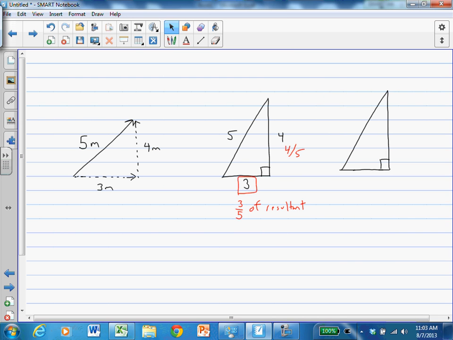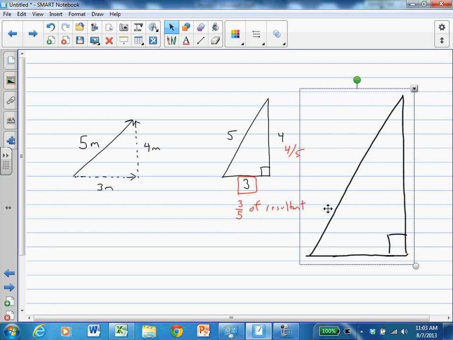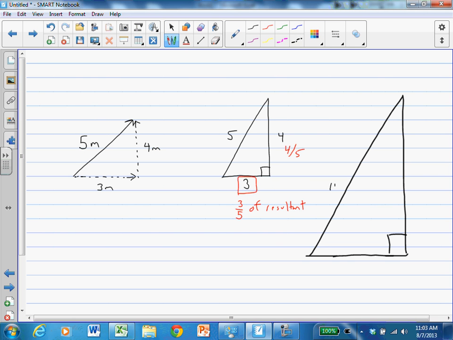There we go. So we could take this and make it much bigger, so that now this would be 10, this would be 6, and this one would be 8, but the ratio of 6/10 is still the same. 6/10 is the same as the 3/5, and 8/10 is the same as 4/5. So even though the sides of the triangle can change, the ratio of the sides for a certain triangle will stay the same no matter if you make it bigger or smaller.